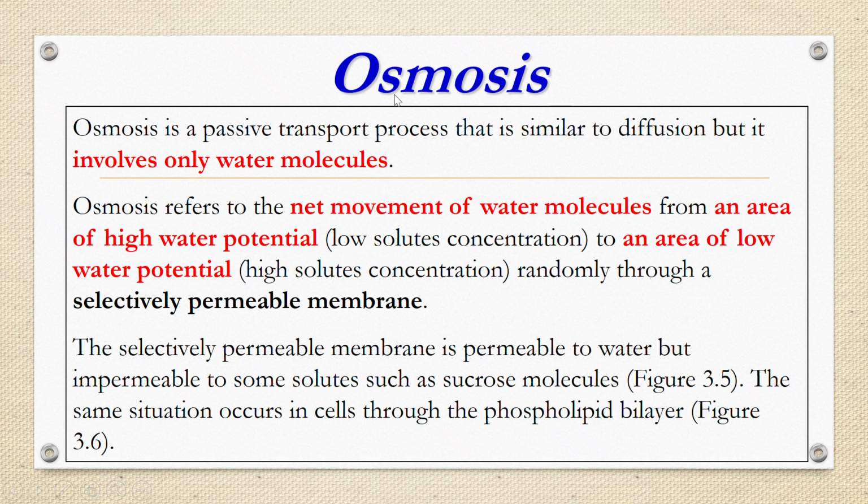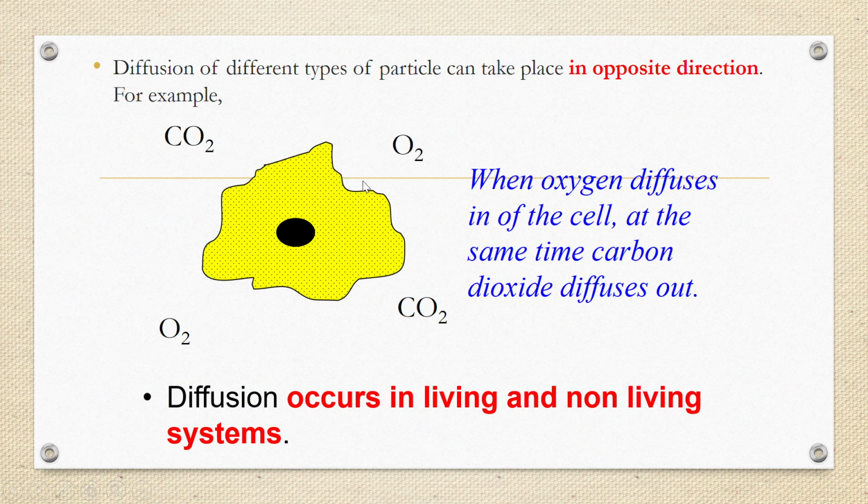Okay, the second type of passive transport is osmosis. It is similar to diffusion, but it involves only water molecules. Remember, this is special for water transport, and we call it osmosis.